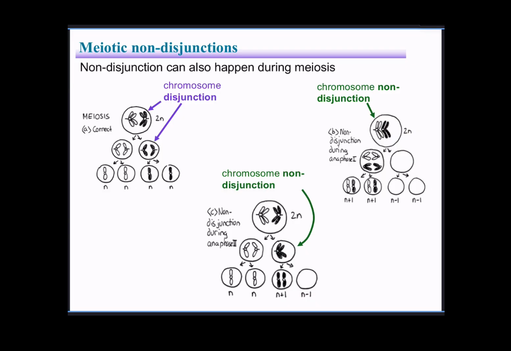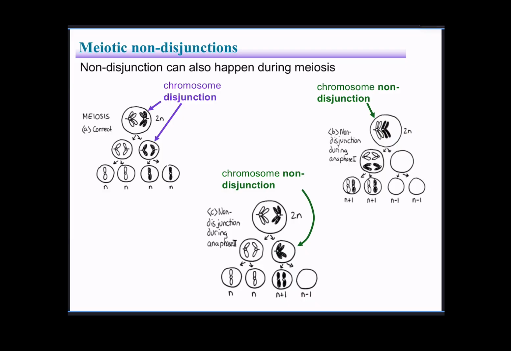So now half of your gametes after the second meiosis will have an extra chromosome and the other half will have chromosomes missing. Right? So for all intents and purposes, a non-disjunction that happens in meiosis 1 affects 100% of the gametes. All the gametes are abnormal.